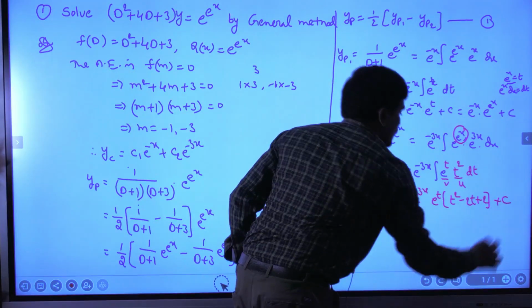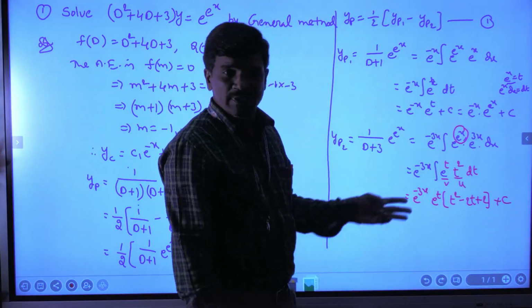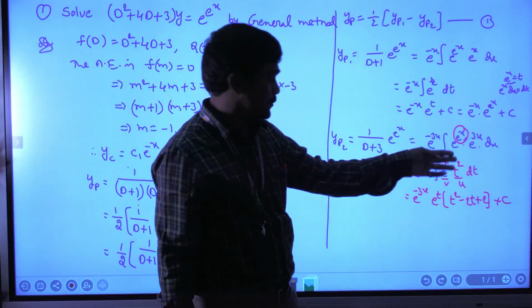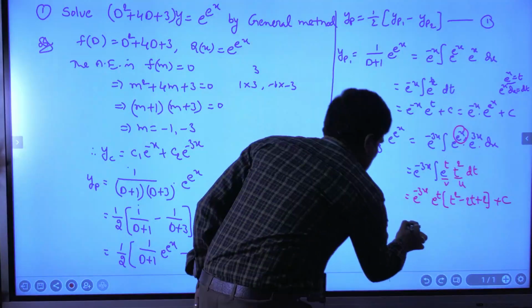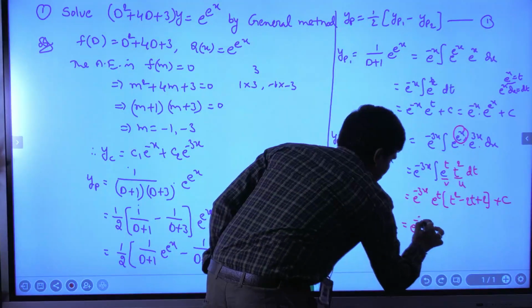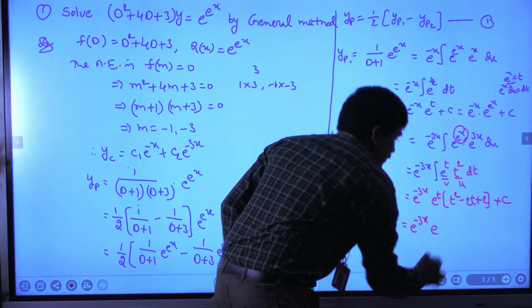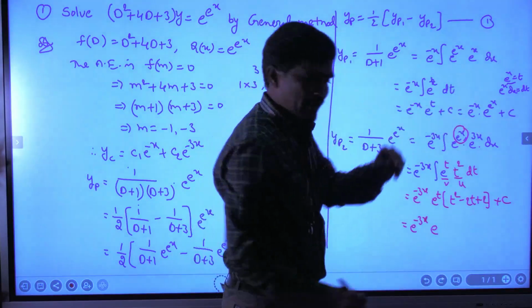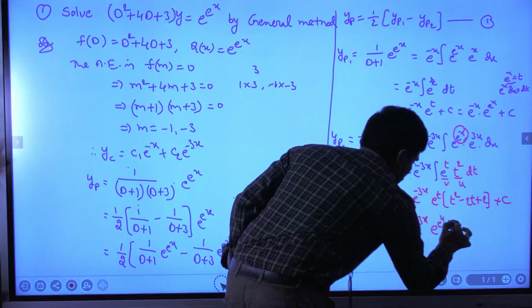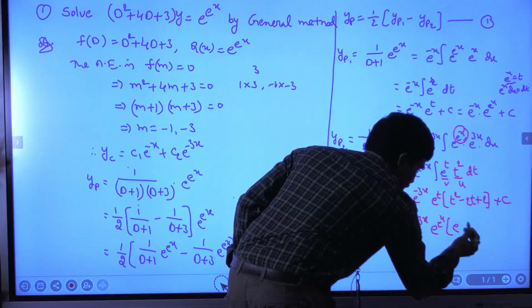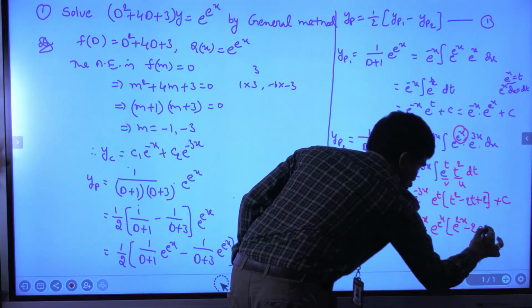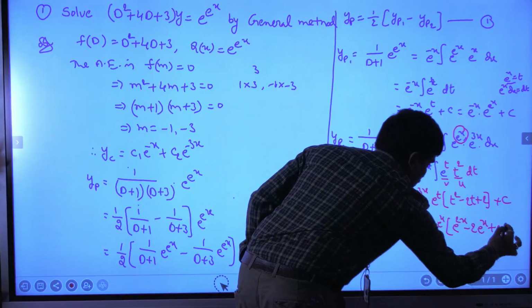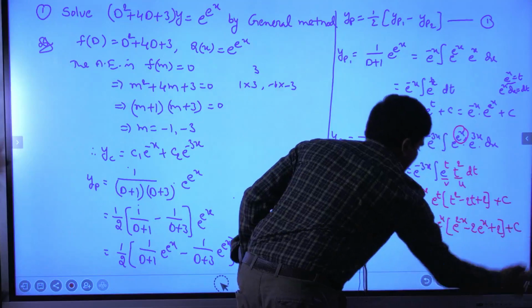Now what is t? Substitute t again. In place of t, here we get e^(-3x), e^t is e^x, and t square is (e^x) whole square, that is e^(2x), minus 2e^x plus 2, plus c.